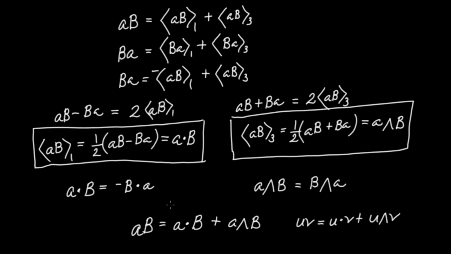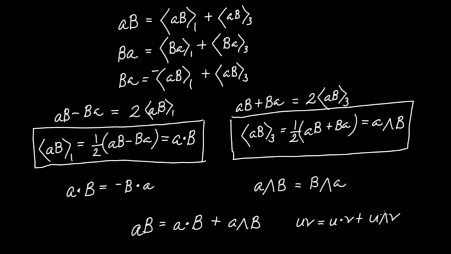But what I'd like you to notice most of all is a conceptual unification of the dot product as a grade lowering operation and the wedge product as a grade increasing operation. If we go back to the case between two vectors, the dot product lowers the grade of this vector v, which is grade 1, by 1 to a grade 0 element. And the wedge product increases the grade of v to 2.